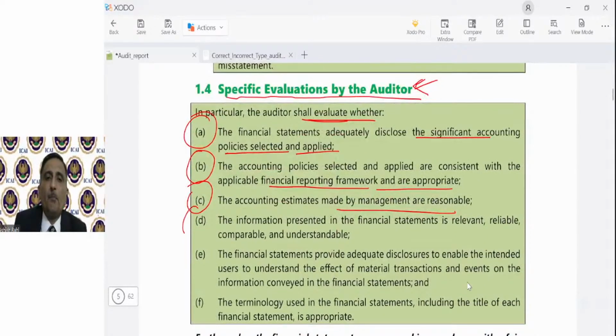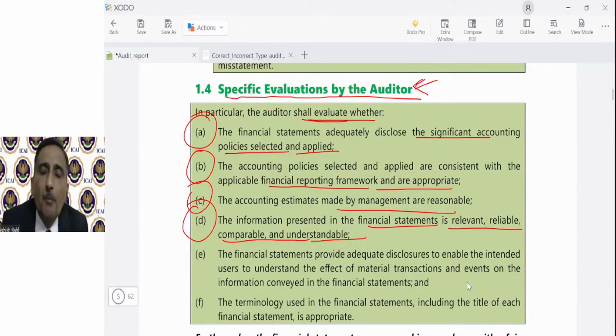The information presented in the financial statements is relevant, reliable, comparable, and understandable. Reliable means that there is evidence behind those figures to support them, and relevant means that the figures, amounts or disclosures contained in financial statements are relevant to the period for which they are prepared.